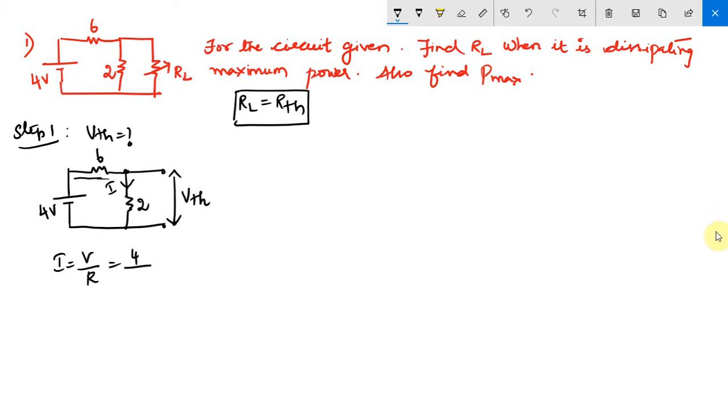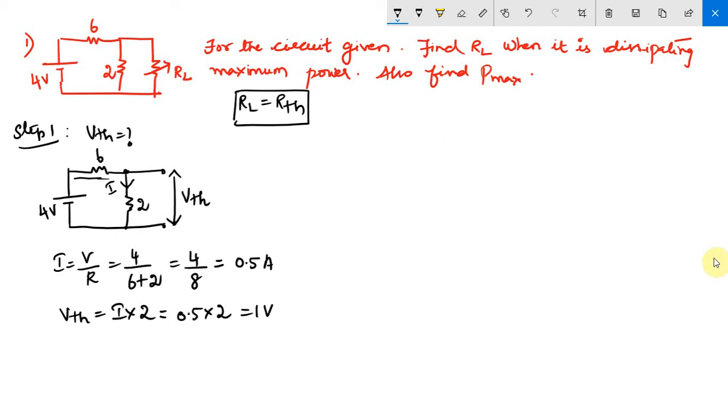So 4 divided by 8, which is equal to 0.5 ampere, is the current flowing through the 2 ohm resistor. Now VTH is equal to I into 2 ohm, which is 0.5 into 2, which is 1 volt. So 1 volt is going to be the VTH.